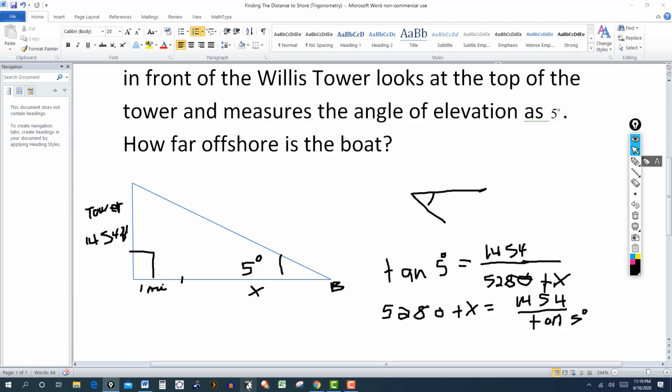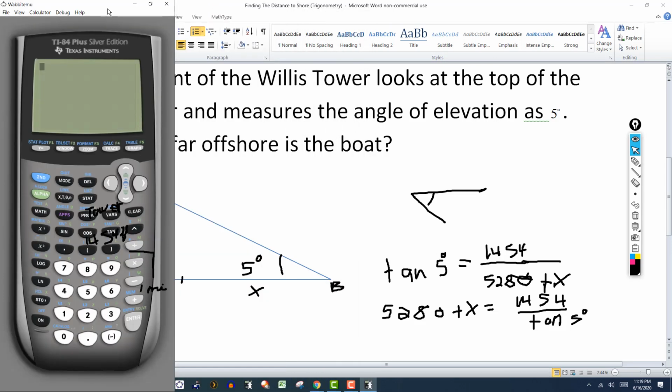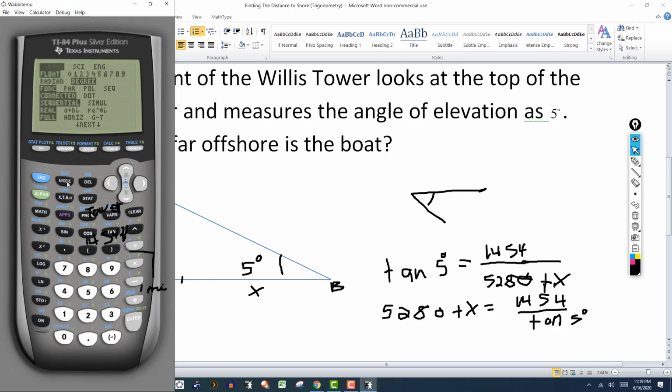So I just come over here and use the calculator. I'm going to do the right side first. Since we're dealing with degrees here, we have to make sure the mode is in degrees, and it is. Then we just compute 1,454 divided by the tangent of 5.